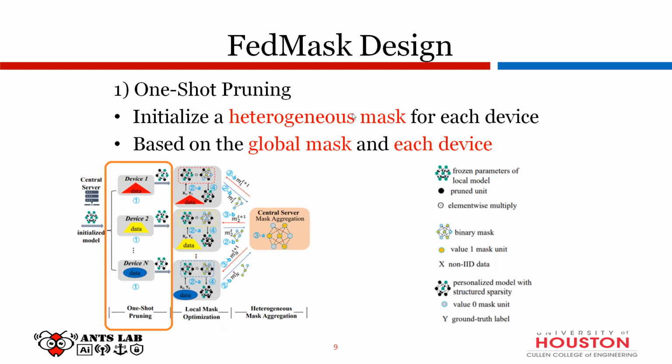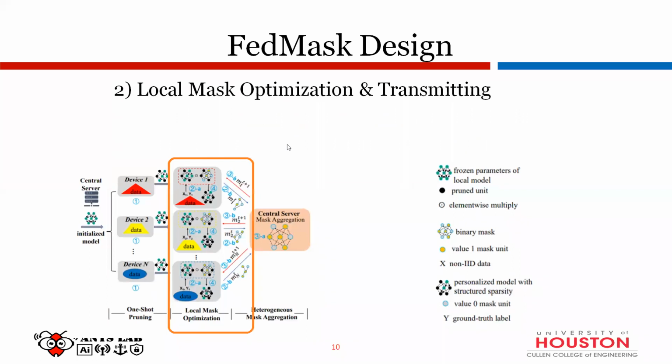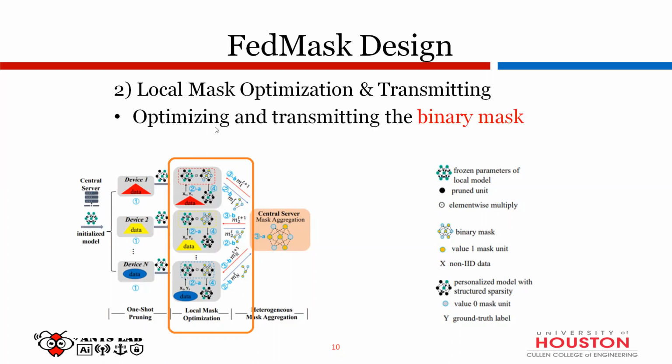So this is the first step, one-shot pruning. And the second step is right here, which is what we just mentioned. This step is the local mask optimization and transmitting. What it does, as you can see, is optimize and transmit the binary mask.